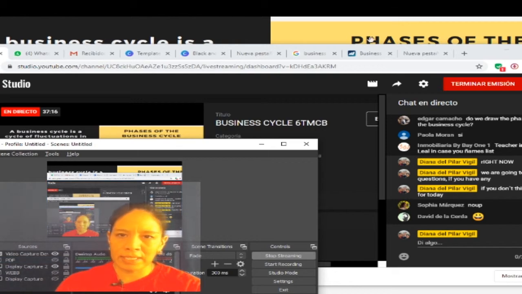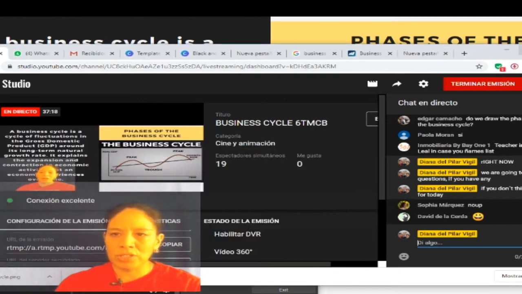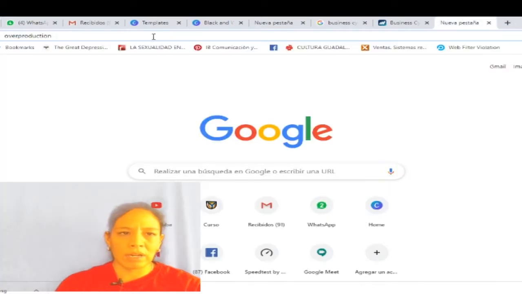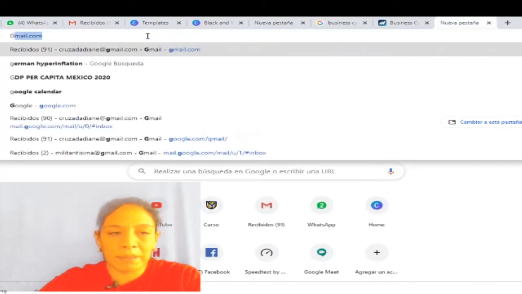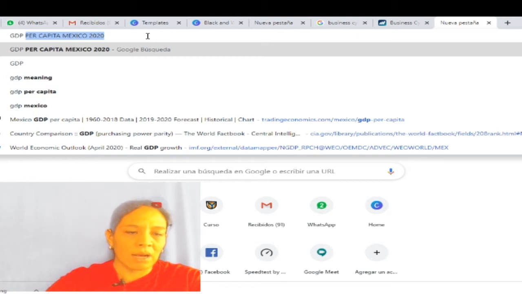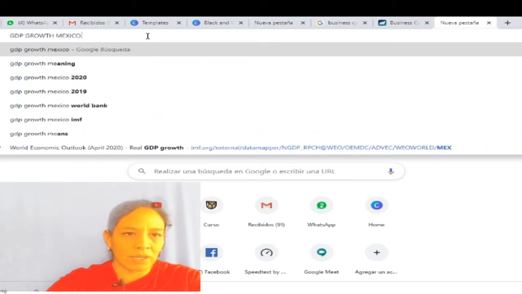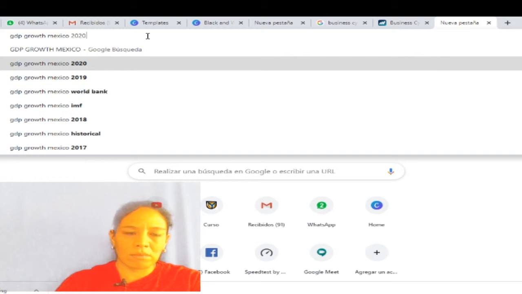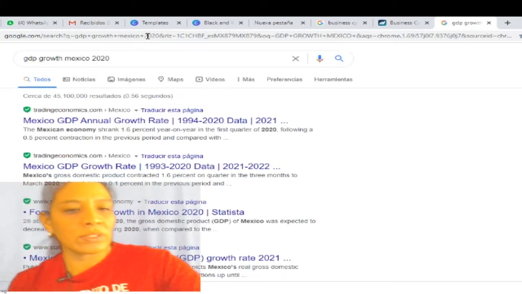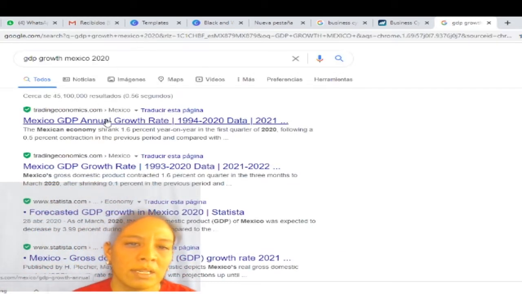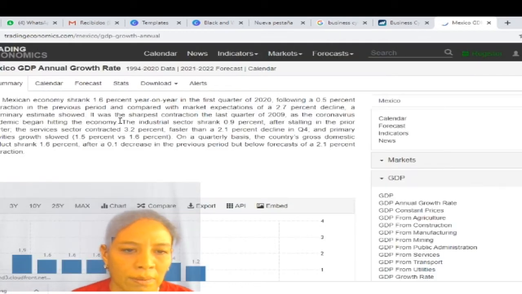Now, let me just change something here. Okay, now you're seeing my screen and I want to show you, we're going to look for the GDP, now the applications, the GDP growth Mexico, and so we're going to examine this. Let me see, this is 1994 and 2020 information.